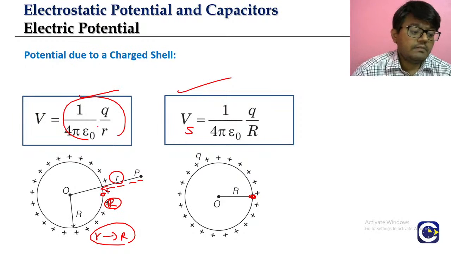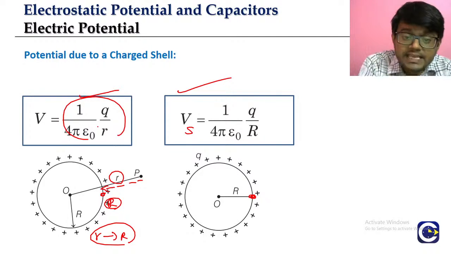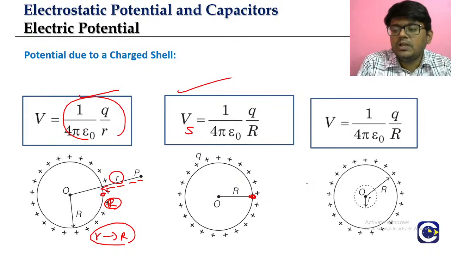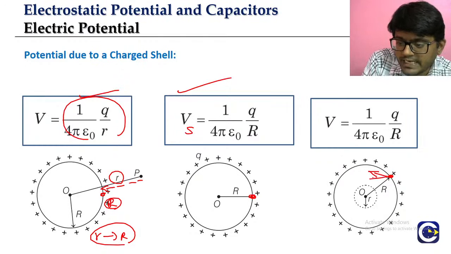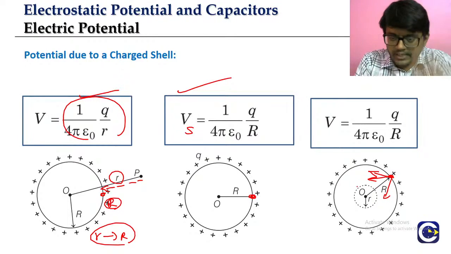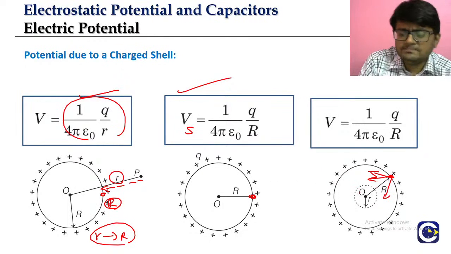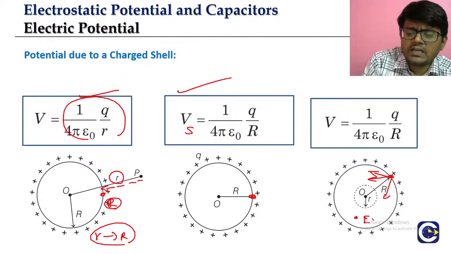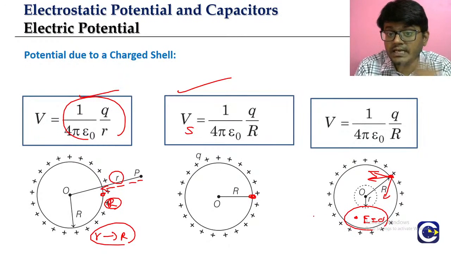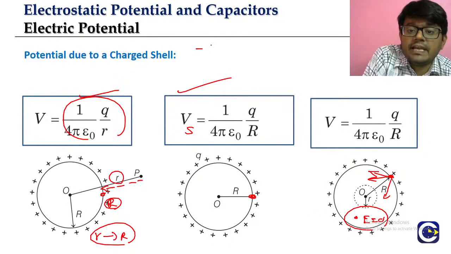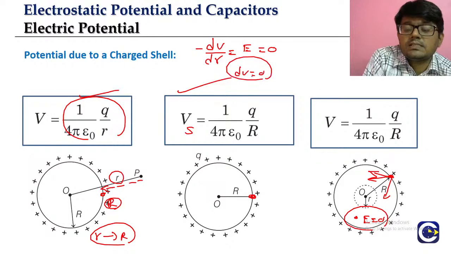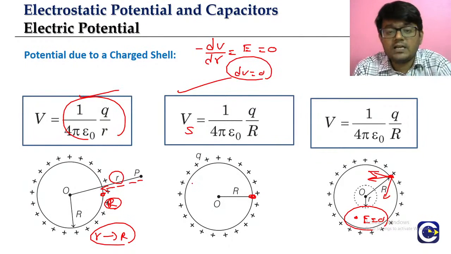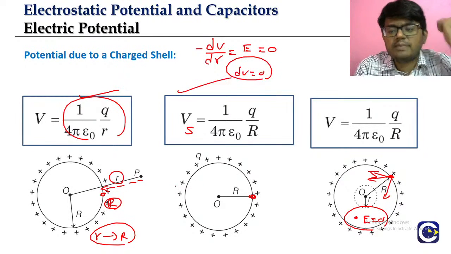Other than that, we need to look at what is the potential inside the charged shell. So if you are moving in any direction into the shell from the surface, remember inside the shell the electric field is 0, right? Inside the charged shell the electric field is 0, which means when you move in any direction, the formula is minus dV by dr is equal to E. So E being 0 means dV will be 0, which means moving inside from the surface, potential difference will not be there.